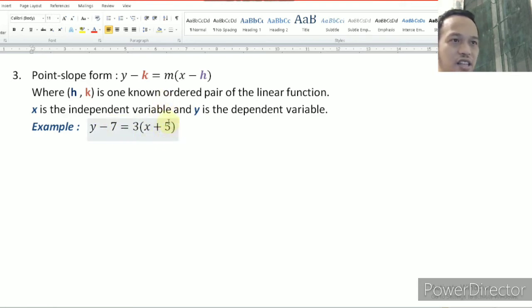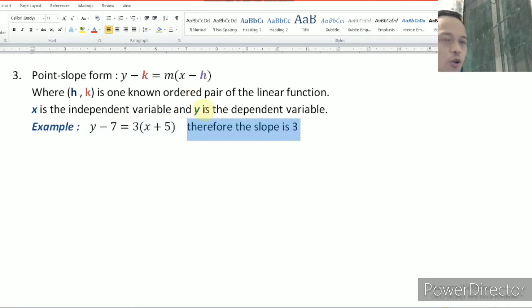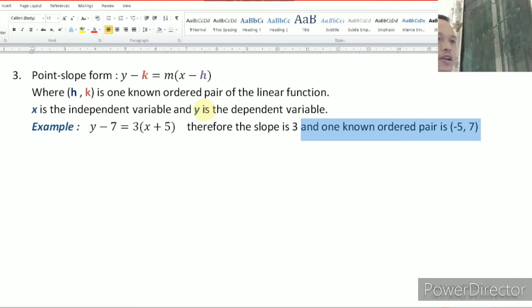Why is this negative 5? Since it's supposed to be subtraction here, but this one is addition. It means if I translate it, it is actually x minus negative 5. So the h is negative 5 and the k is 7.